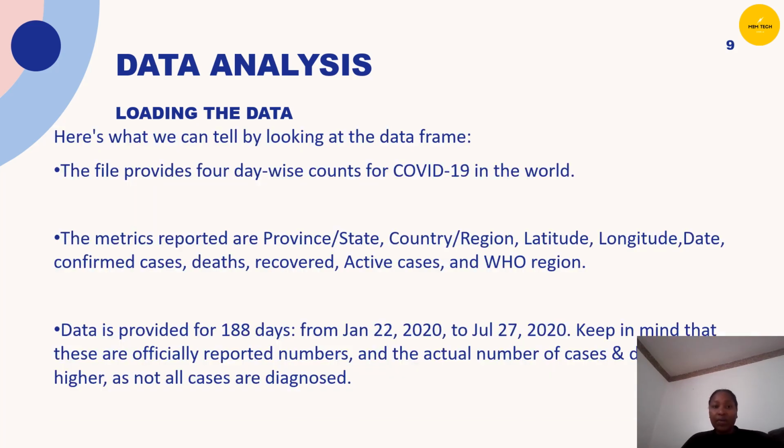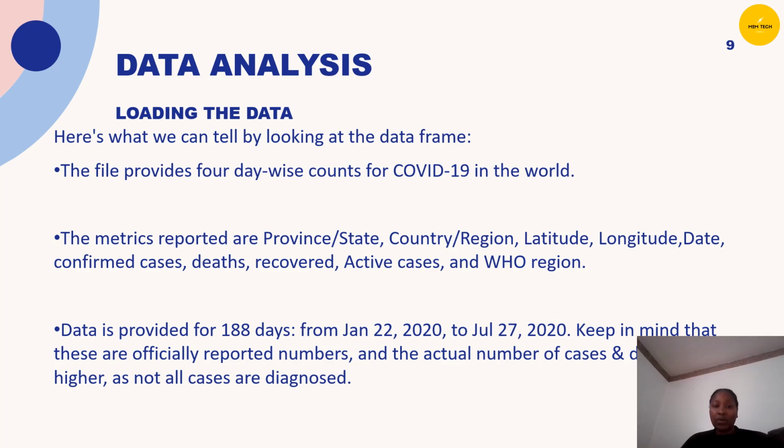So loading the data, what we can tell by looking at the data frame is the file provides day-wise counts for COVID-19. So the metrics reported are province or state, country or region, latitude, longitude, date, confirmed cases, deaths, recovered, active cases, and then WHO regions.